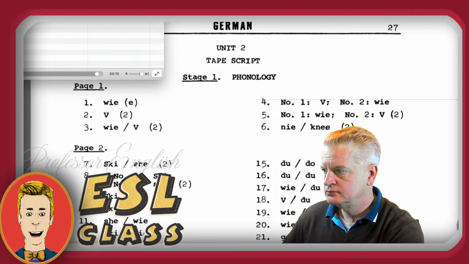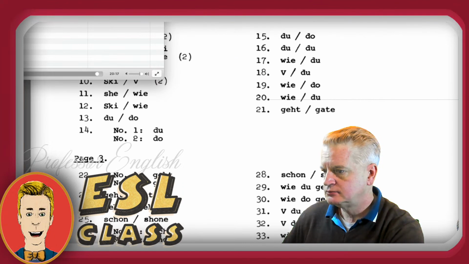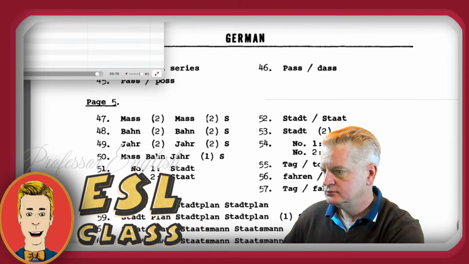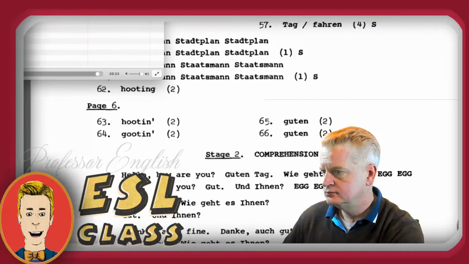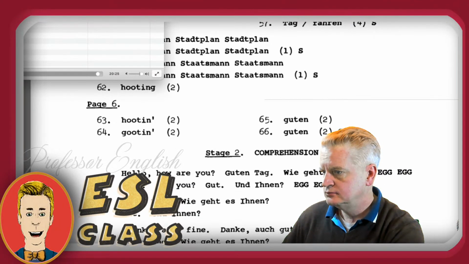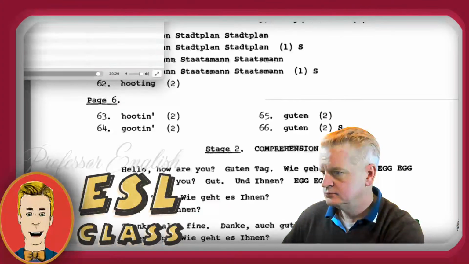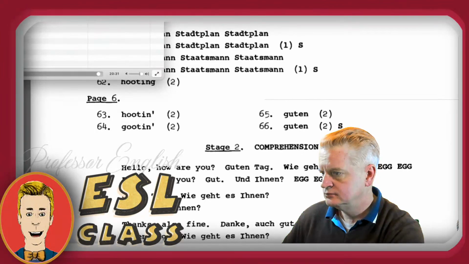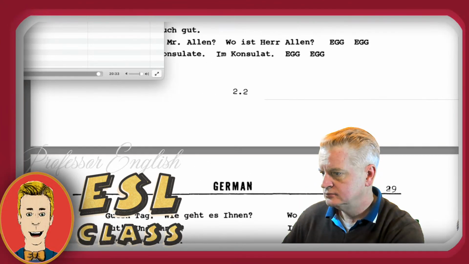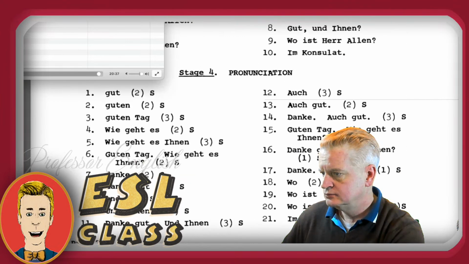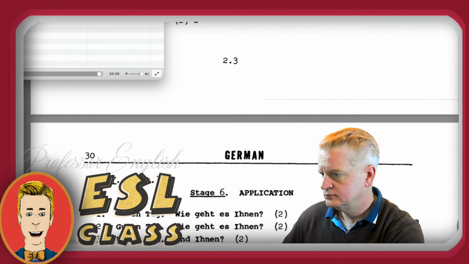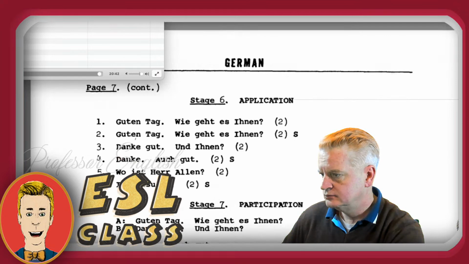Guten Tag. Wie geht es Ihnen? Danke, auch gut. Im Konsulat. 4. Danke, gut. Und Ihnen? Wo ist Herr Allen?